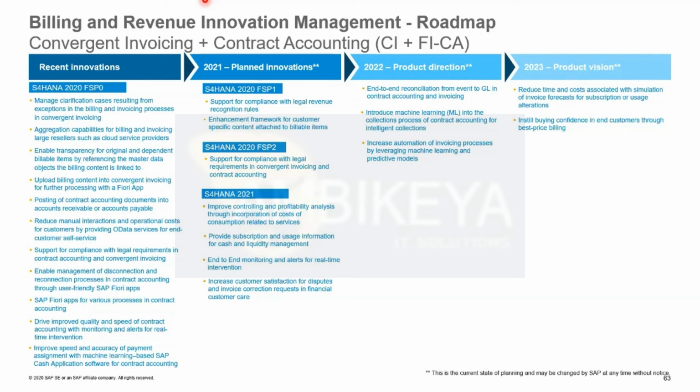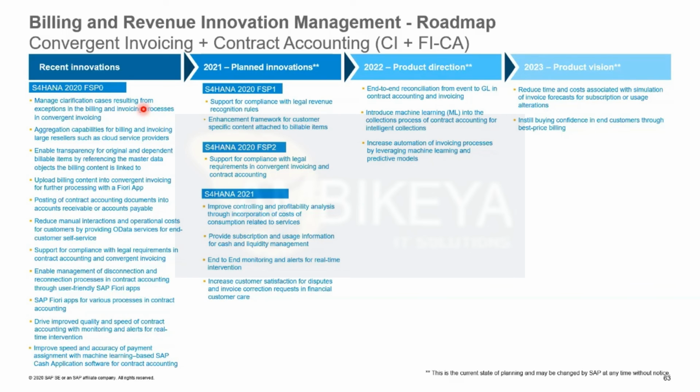You can see on the left-hand side the recent innovations for 2020. Most of the innovations have been explained by Michael on the slide. If you mouse over the innovations, you will find links. You can dive into the innovations on our roadmaps or innovation discovery platform, where you can find further information.